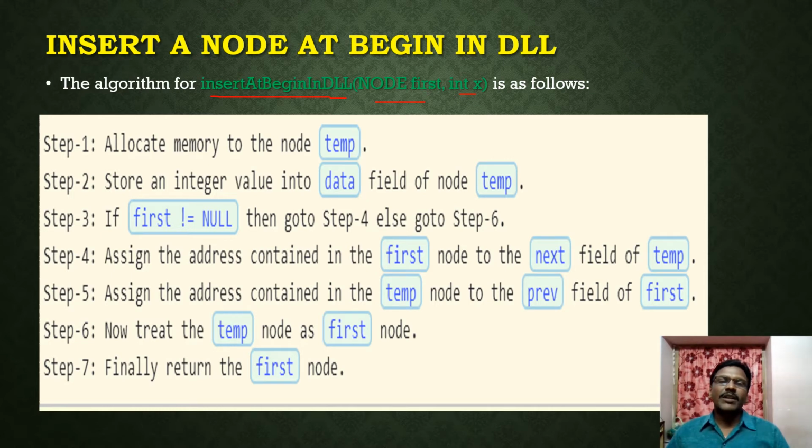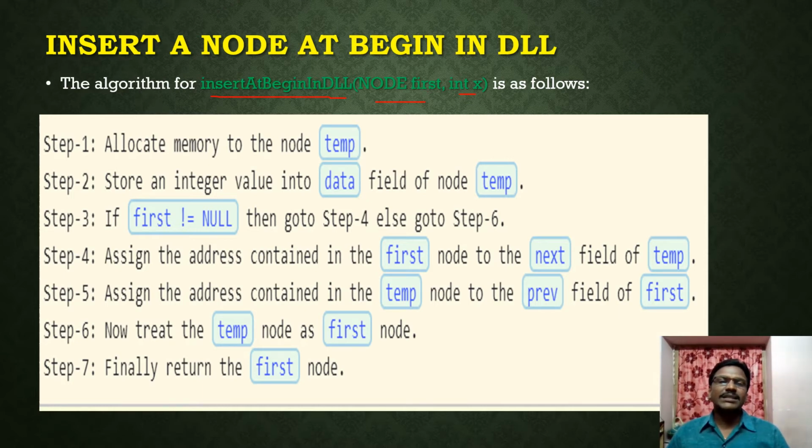Now, first step, allocate memory to the node. Generally, we allocate the memory and then store an integer value into the data field of the node. The created temp variable stores the actual value, that is the x value, in temp data.